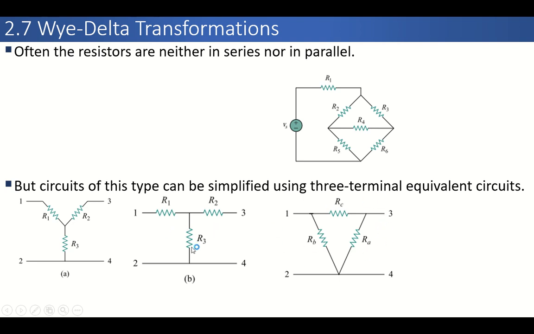Similarly, here we connected the resistances R1, R2, R3 in the clockwise direction. Resistance Rc is connected between terminals 1 and 3, resistance Ra is connected between terminals 3 and 4, and resistance Rb is connected between terminals 1 and 4.